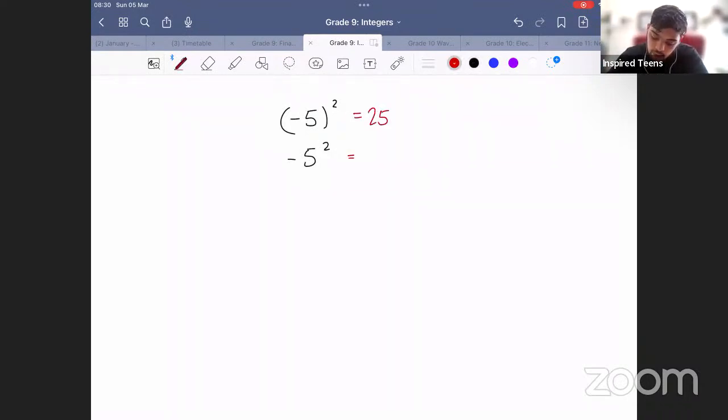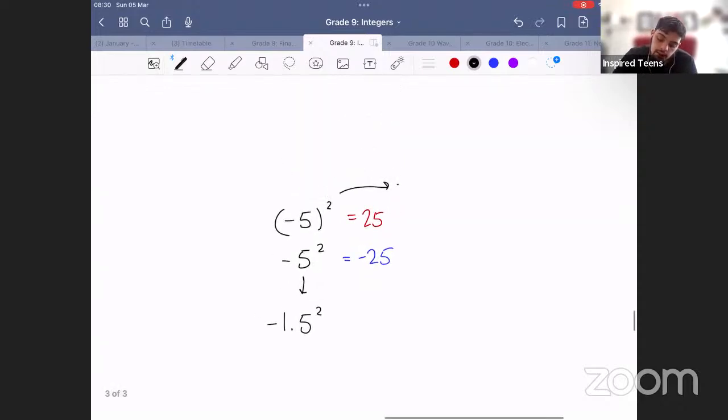If you put the bottom one in your calculator, you're going to get negative 25, and that is not correct. You should always use brackets. This here is basically like saying negative 1 times 5 squared. The square is only for the 5 and not the negative. Whereas in this case, I'm squaring the entire negative. And remember, this is basically like -5 times -5. Negative times a negative gives us a positive.